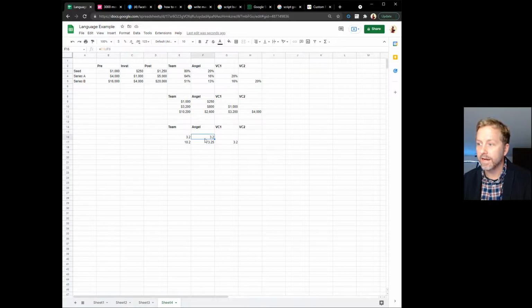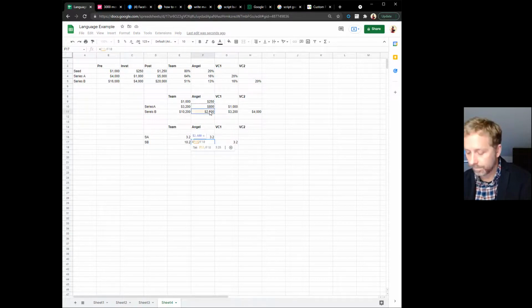The angel made a 3.2x return on their investment, and by the first round, let's call it Series A, Series B. By Series B, though, they only had a 3.25% return. Oh, I did that wrong. Equals. Sucks to be them. Yeah, 10.4 return on their investment.